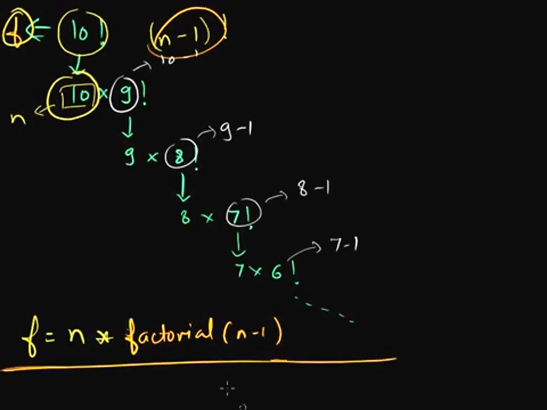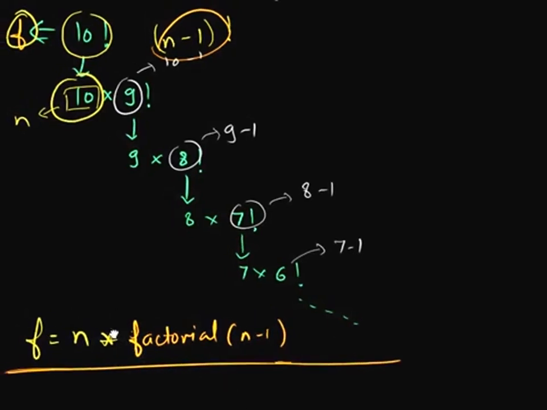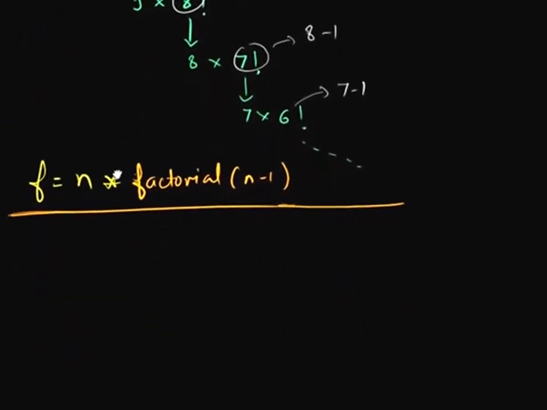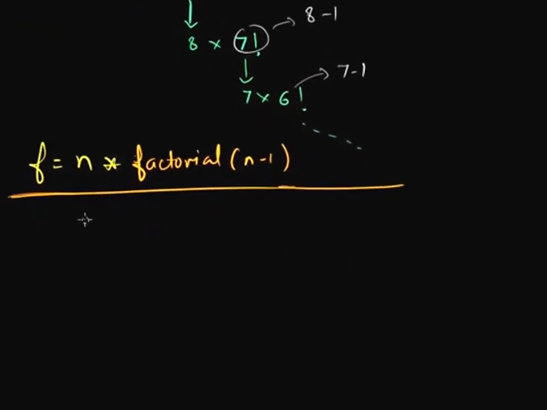Now let us write a function named factorial. This function is going to return an integer, so int factorial is the name of the function, and it will accept n. We have to calculate the factorial of n, so it will accept n.